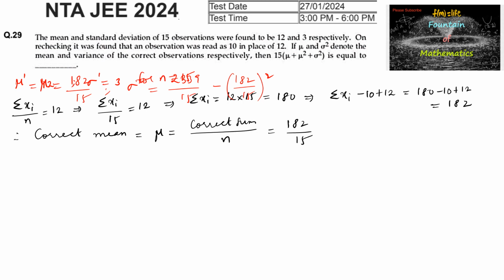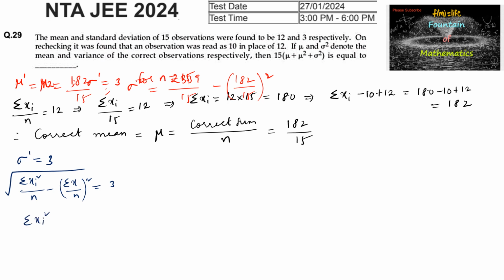And now for the standard deviation or variance, the standard deviation is equal to 3. So we have root of summation xi square divided by n minus (summation xi by n) whole square, which is equal to 3.